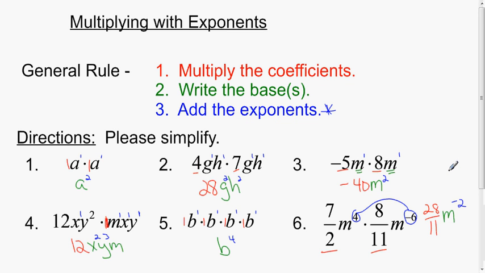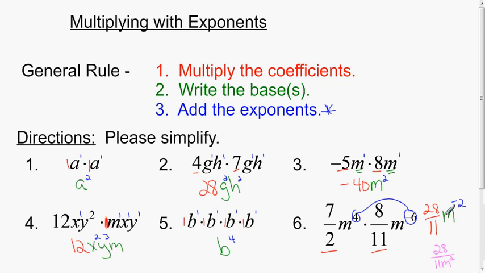But when we do this, we change the location of the base from numerator to denominator or denominator to numerator. So we see here that this is kind of m over 1, so it's in the numerator, which allows me to rewrite the final answer here as 28 over 11m to the second, where we change that exponent to a positive.